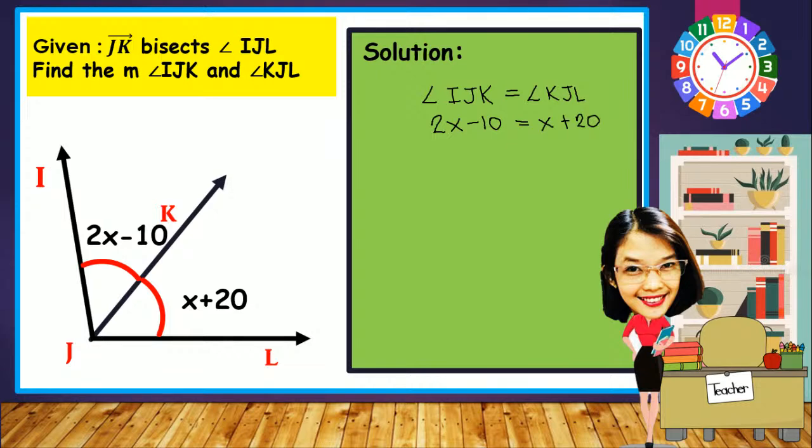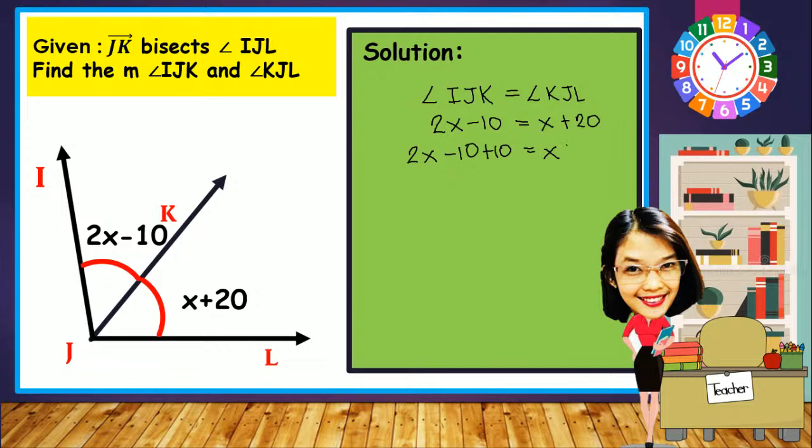Let's start with the constant term. When we say constant term, yun yung number lang. Walang katabing variable. Since it's minus 10, para mawala, then you have to add 10. So, 2x minus 10 plus 10. Kung ano yung ginawa sa kaliwa, gagawin sa kanan.